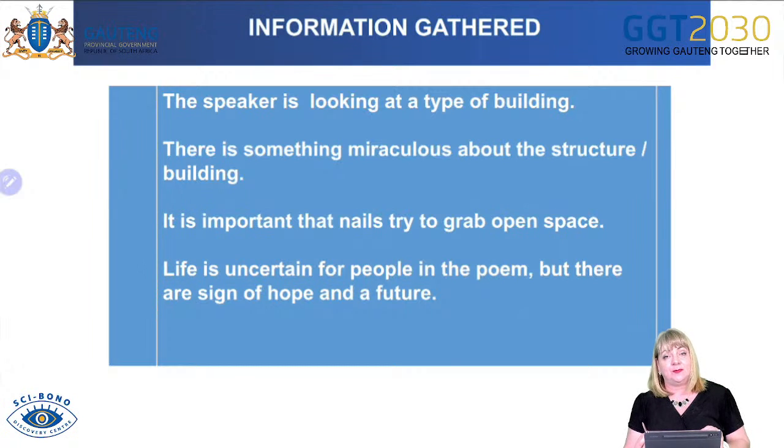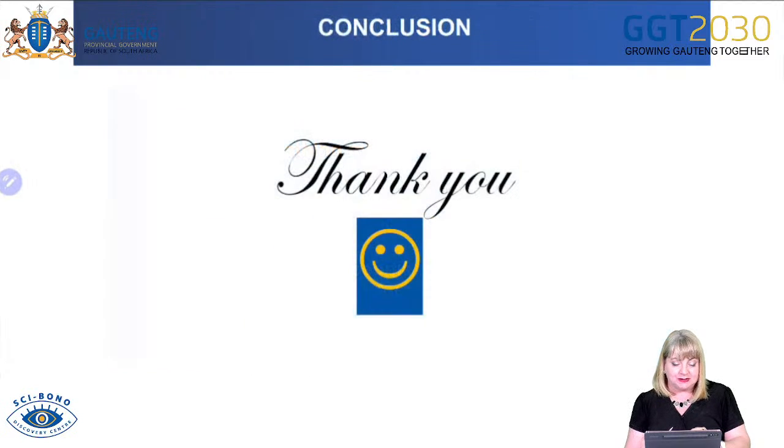And all of that information will be helpful and useful in answering the questions. And that's going to be your main goal. There is something miraculous about the structure and the building. It's important that nails try to grab at open spaces. Life is uncertain for people in the poem, but there are signs of hope and a future. So that is all information you didn't have before you read the questions.